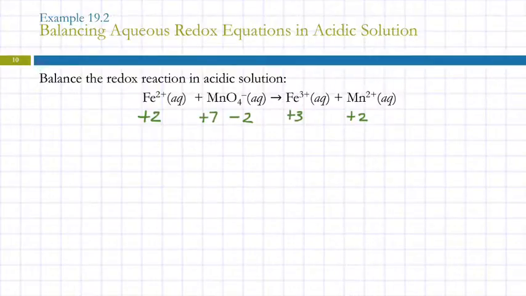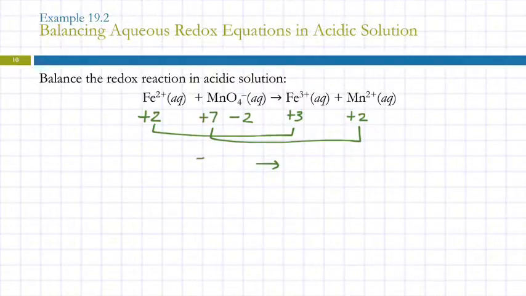Okay, so we've got iron being oxidized, and we've got manganese being reduced. What's happening to the oxygen? Probably nothing. So we're going to split this into 2 half reactions.